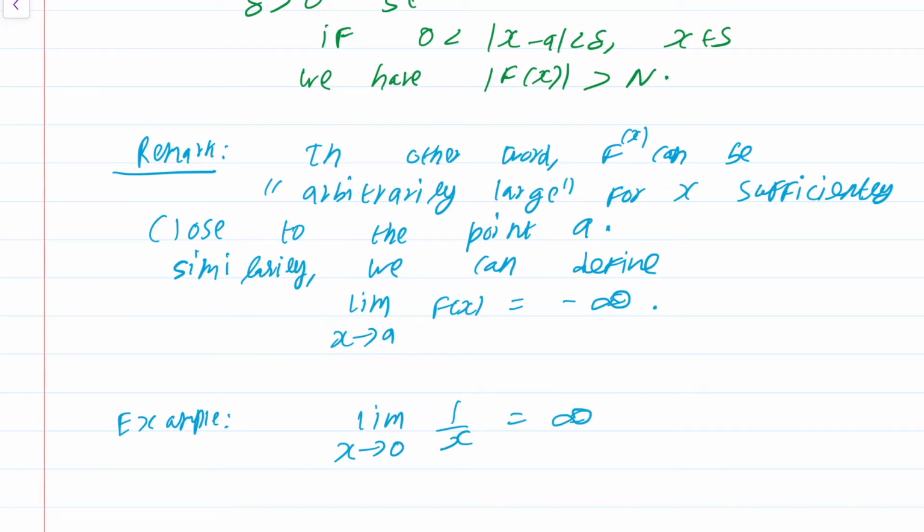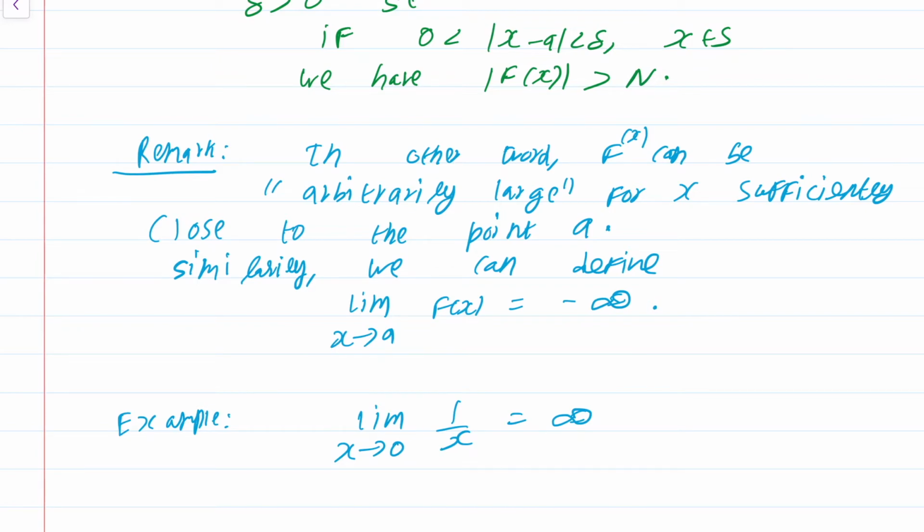Okay, now is this correct? First of all, let's think about it. What happens when you approach 0 from the left hand side? Well, 1 by x blows up, but it blows up negatively.